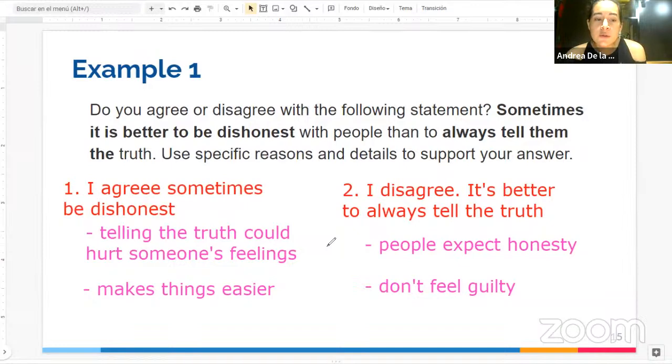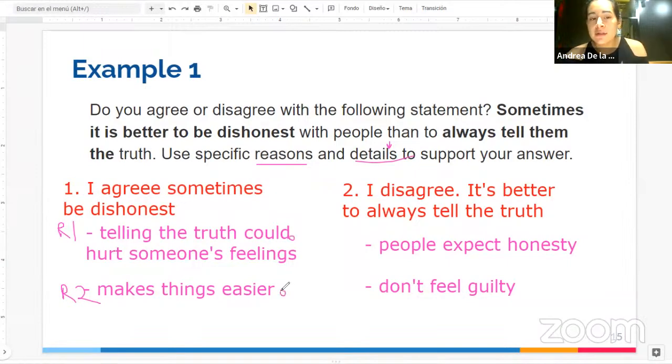Another thing, you need to know that for each reason you have, this is reason one, this is reason two. Aside from the reason, they say use specific reasons and details, right? These details are gonna be examples, basically. So you need to be able to demonstrate these reasons that you're giving with examples.